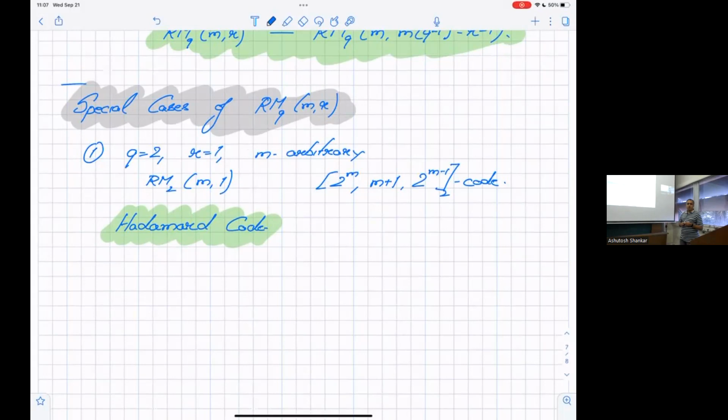These are just evaluations of linear polynomials.